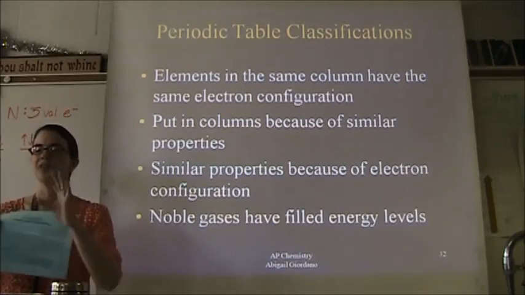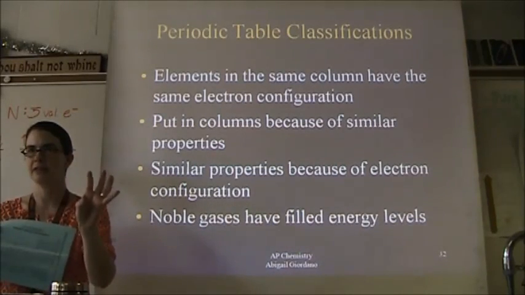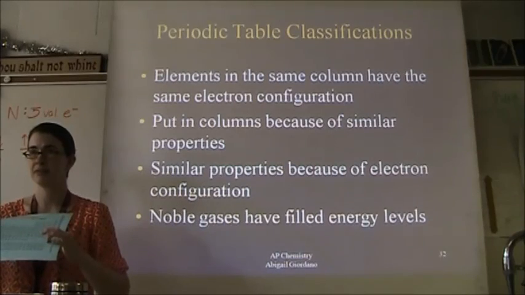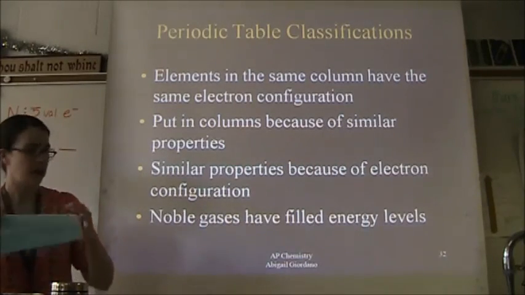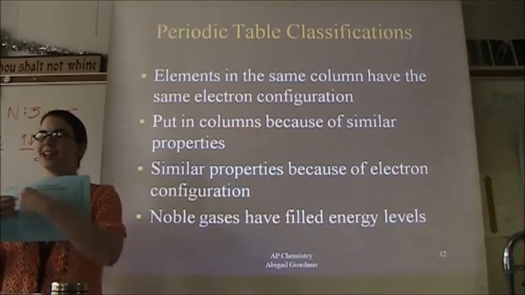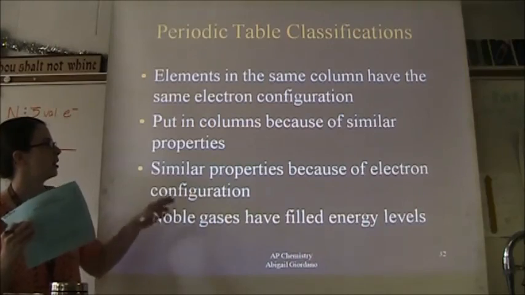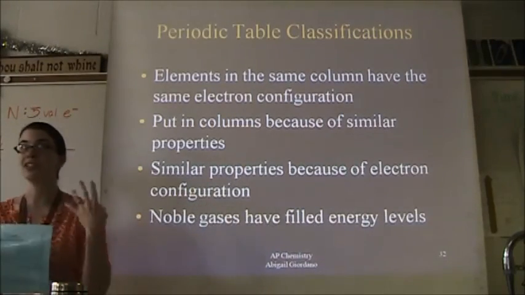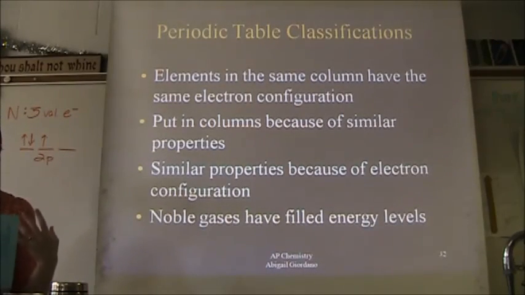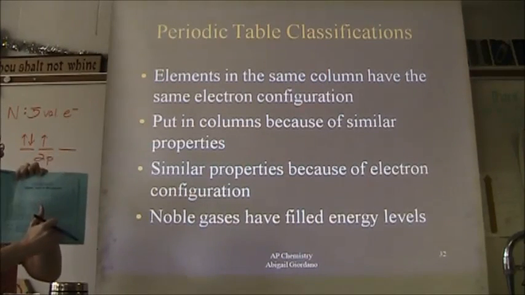They all end with some number P5. Do you agree? Okay. Because elements in the same columns, because their configurations end the same way, that means that they're going to have very similar physical and chemical properties. That is the beauty that is the organization here.